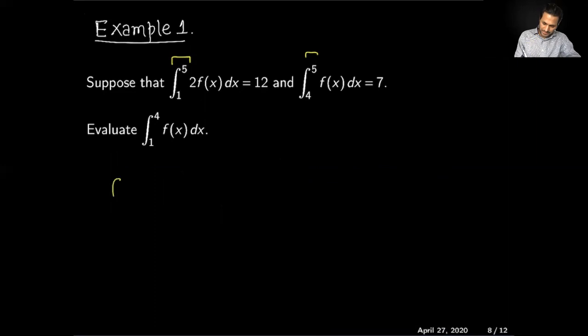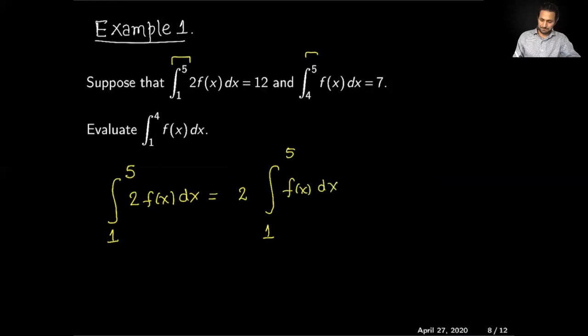If I calculate the net change of 2 times f(x) from 1 to 5, I use the property that I can pull out the 2 outside, and then it will be 2 times the net change from 1 to 5 of f(x) dx. This is the property that you can pull out the constant, and then you use the property that the net change from 1 to 5 is the same as 1 to 4 and then 4 to 5 of f(x) dx.